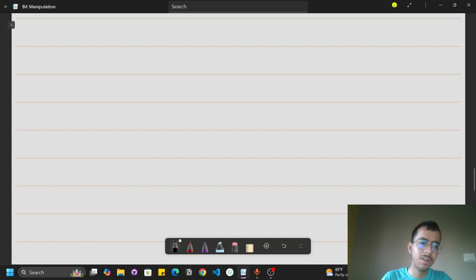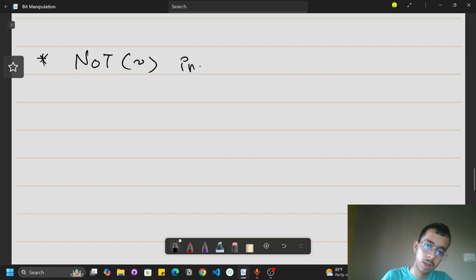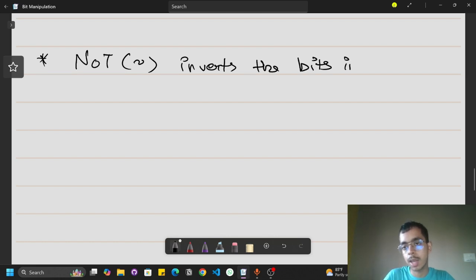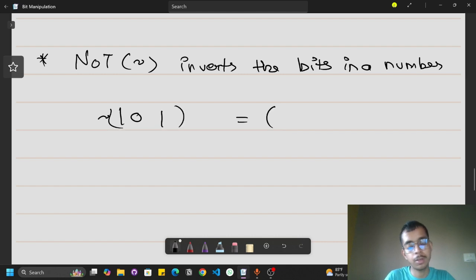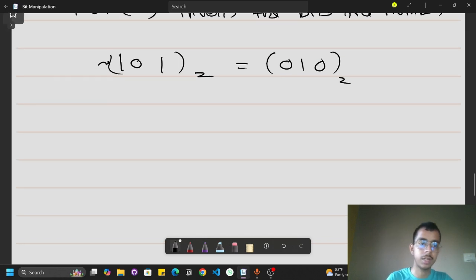NOT inverts the bits in a number. Like if you have 101 and if you NOT it, then it will be 010. There's nothing much to actually understand here.